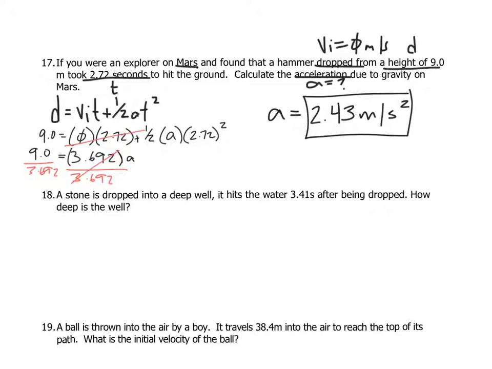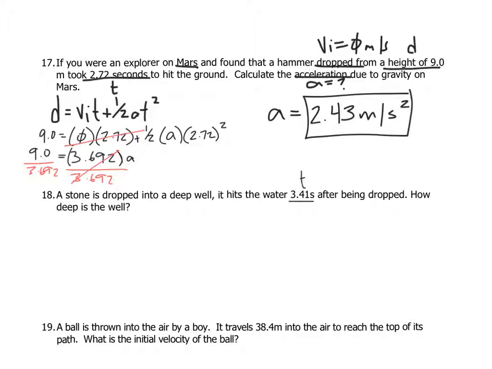All right, next one. Number 18, a stone is dropped into a deep well. It hits the water 3.41 seconds after being dropped. How deep is the well? It hits the water in 3.41 seconds. That is time.